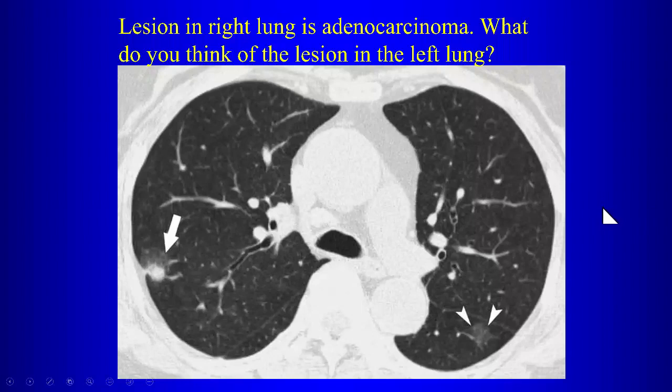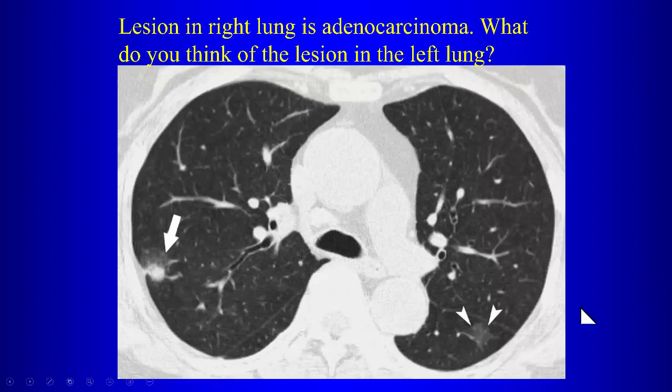Second primary? Somebody mentioned it over here. Atypical adenomatous hyperplasia. What's the significance of that? So first of all, what are the radiologic findings associated with atypical adenomatous hyperplasia? Yes, pure ground glass, small lesion, usually less than 5 or 6 millimeters, okay?